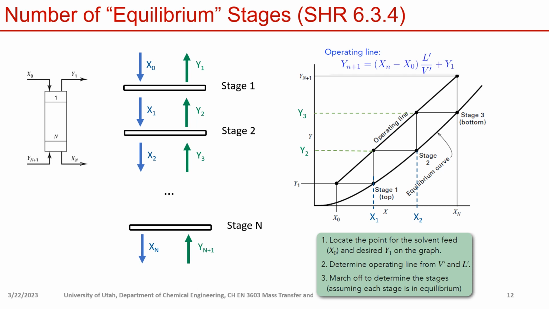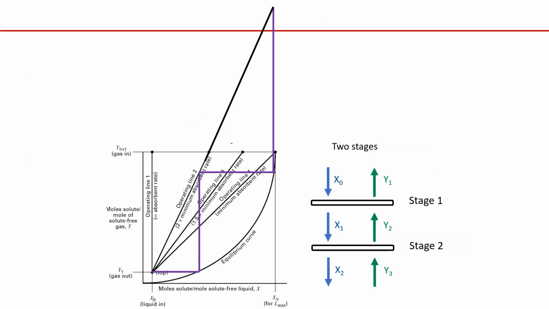Then you can do this step marching process: step horizontally, then vertically, horizontally, vertically, until you find a point that falls on the operation line, or is above the operation line. Then you can declare victory.